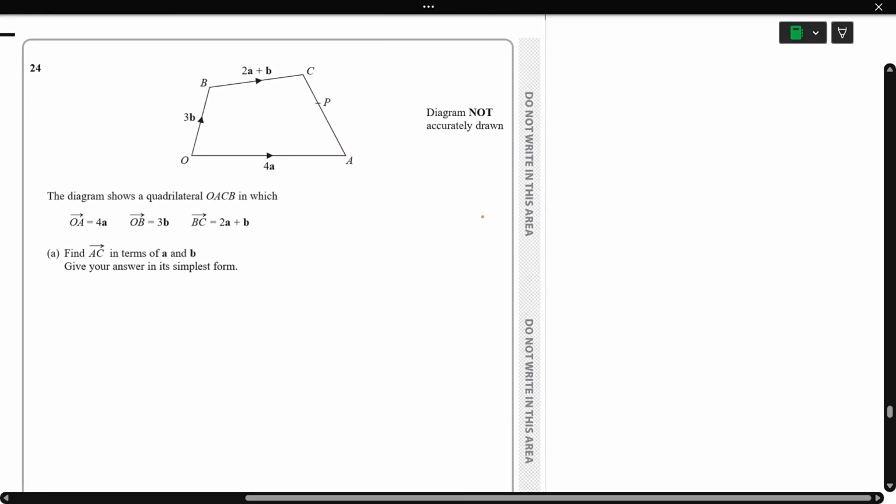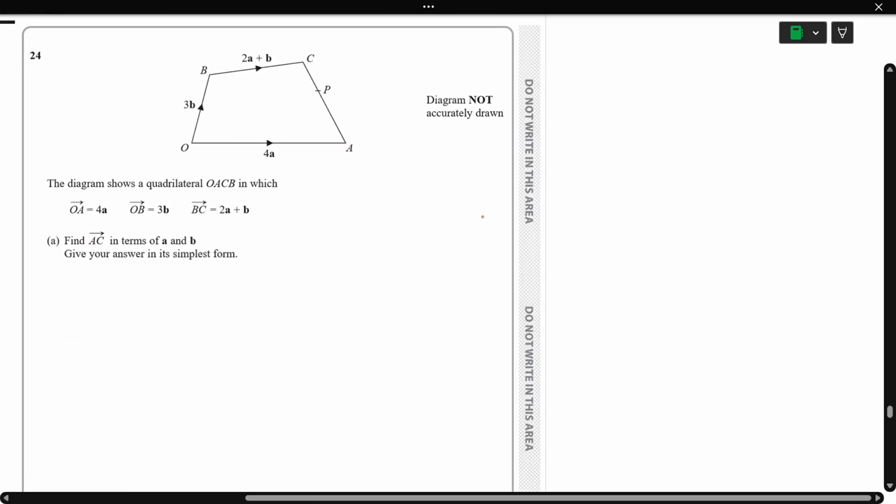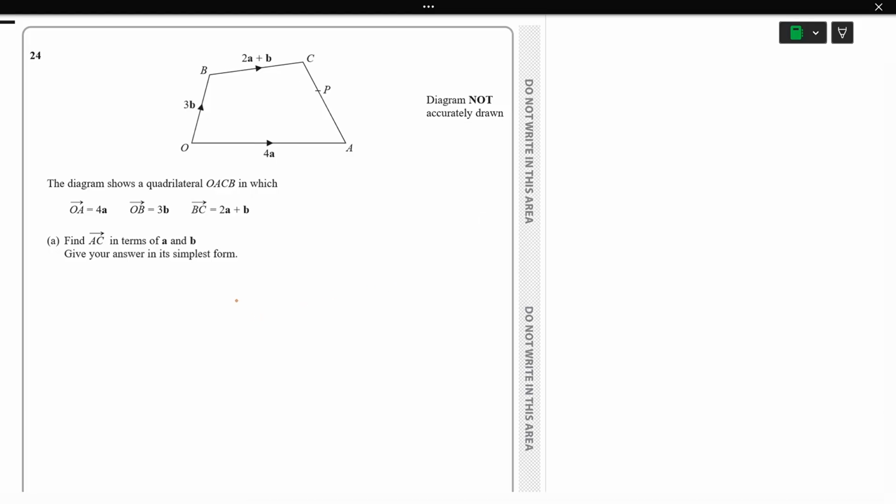The next question, question number 24, is a vector question. First, the data is all given. Next we need to find AC. AC we need to go this way. So AC vector equals AO vector plus OB vector plus BC vector.